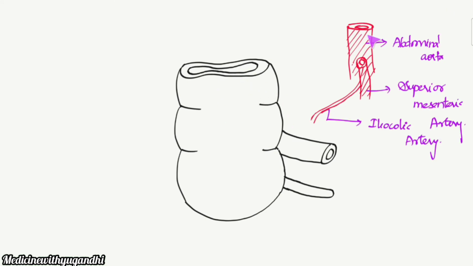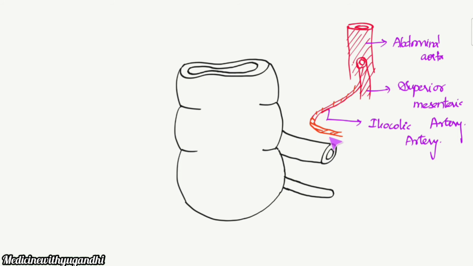Once again I am repeating, this is the abdominal aorta. From its anterior surface arises another branch called the superior mesenteric artery. From the superior mesenteric artery arises another branch called the ileocolic artery, and by its name itself it is understood that it supplies ileum as well as the colon. So from the lower division of the ileocolic artery arises a branch called the appendicular artery.